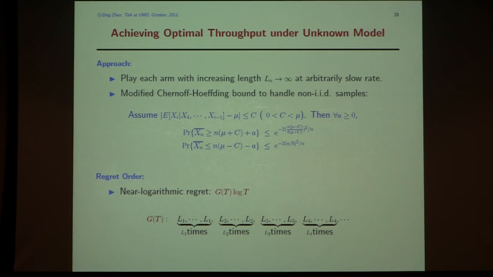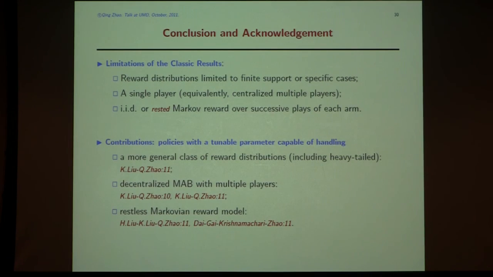You specify how close you want to get to log, and based on this I can design how long to follow each strategy. And to handle the non-i.i.d. scenario, especially across arms, we have a modified Chernoff-Hoeffding bound to show how the sample mean deviates from the true mean. So that's the basic idea of the talk.